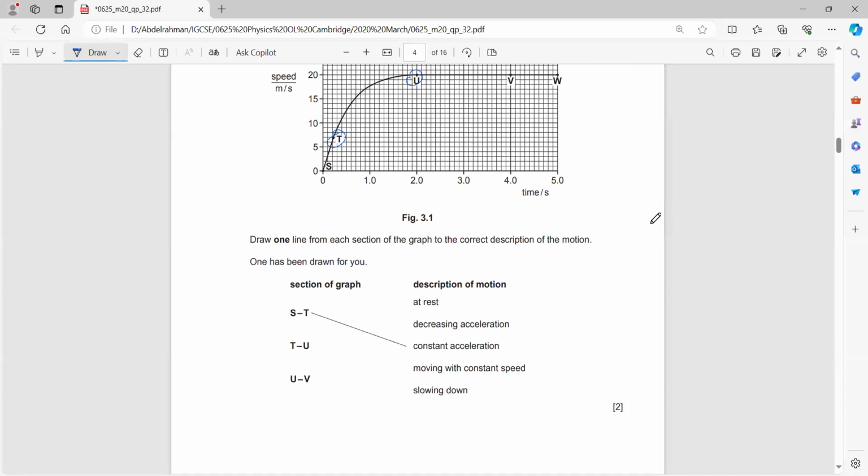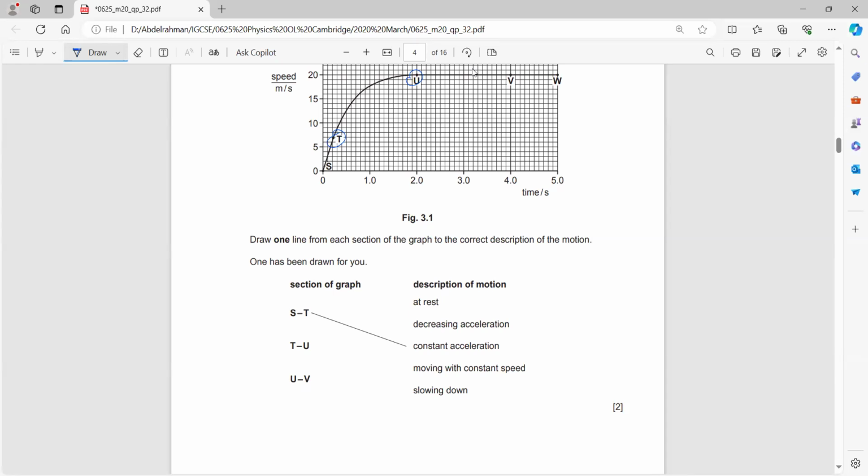What type of acceleration? It's a non-uniform acceleration. Why is it non-uniform? Because it is curving, so it's not a straight line. Should I memorize increasing or decreasing acceleration? No, you're not required to memorize them. You're just required to know that this is accelerating and that this type of acceleration is non-uniform.